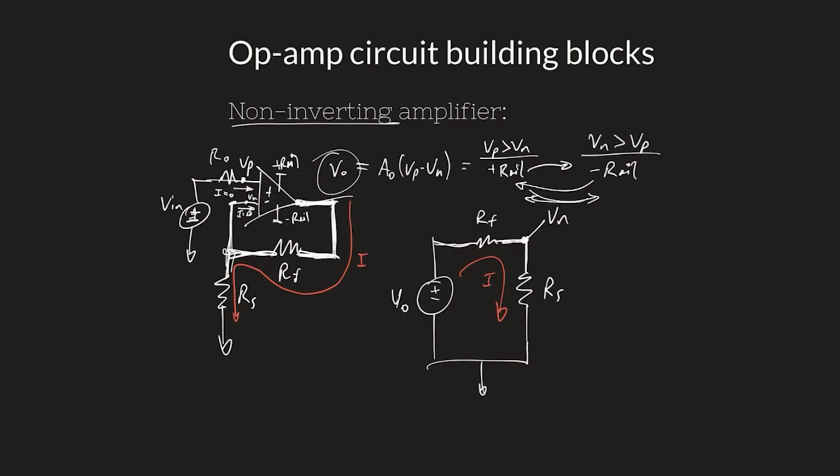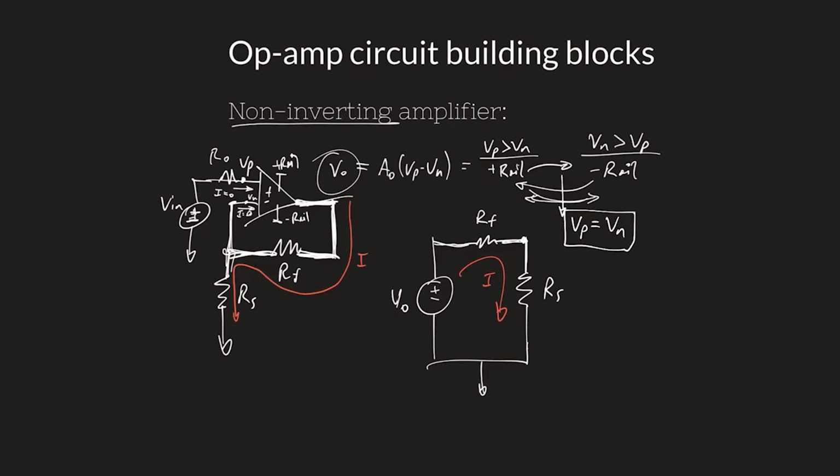Think about what's going to stop this from oscillating. There's going to be some stability criterion to stop this from oscillating, and that criterion is when Vp equals Vn. Because otherwise Vp is greater than Vn or Vp is less than Vn, and in order for that oscillation to stop back and forth, then Vp equals Vn. And that's what happens.